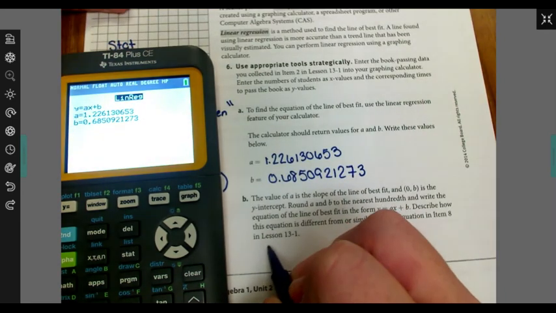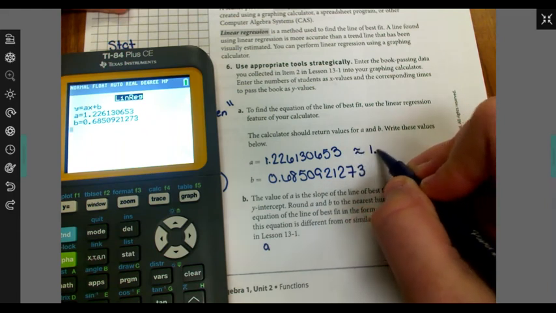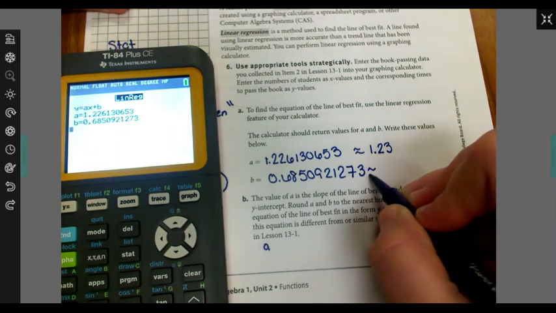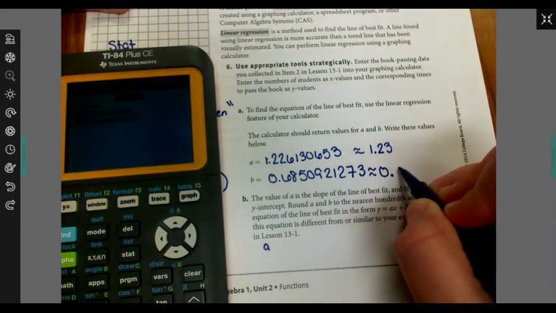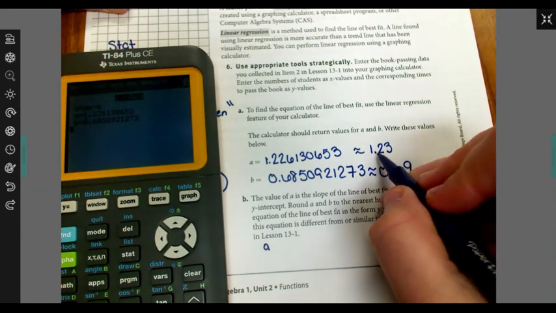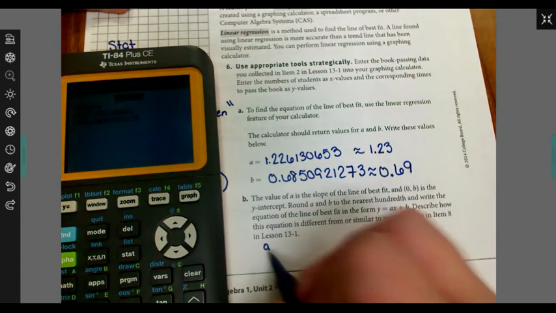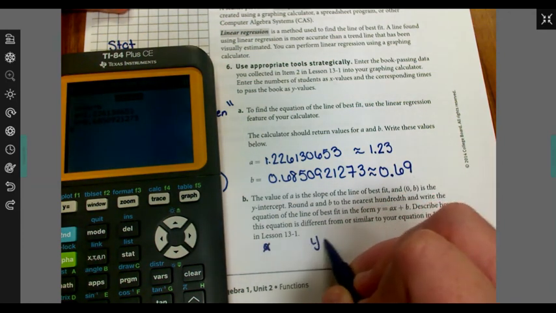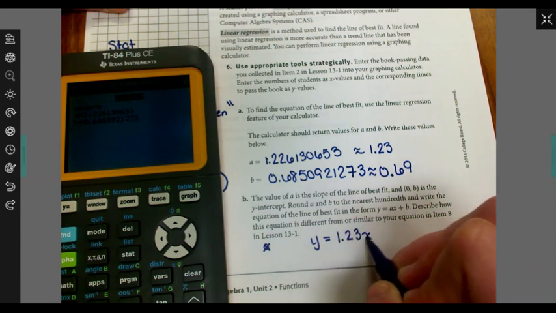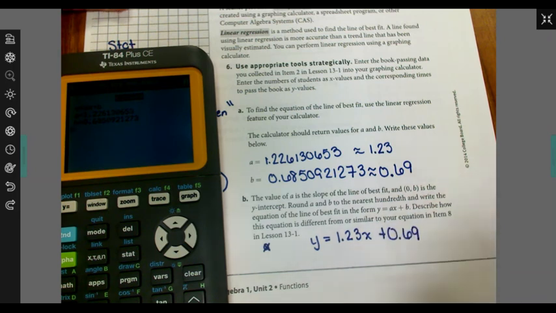Okay, well, A is approximately 1.23, and B is approximately 0.69. Because remember, this is my hundredths place. So y equals 1.23x plus 0.69.